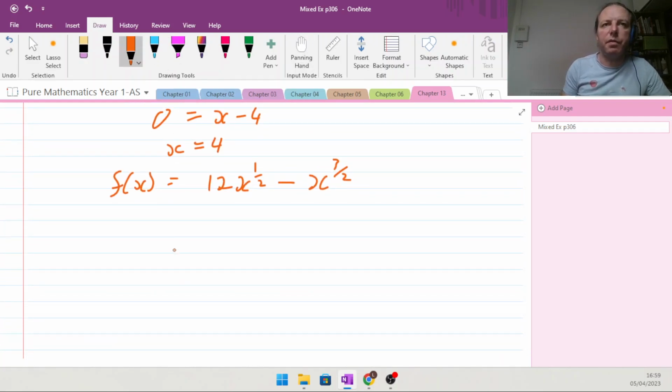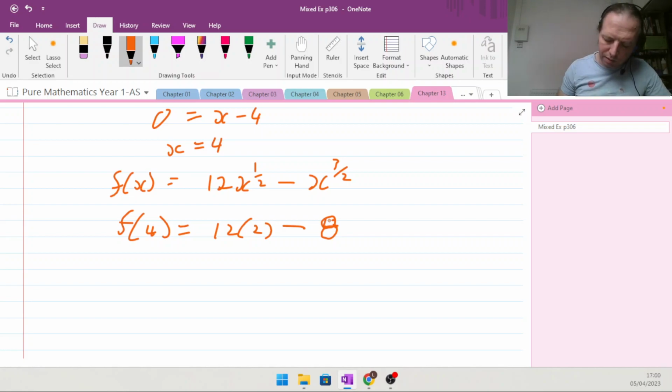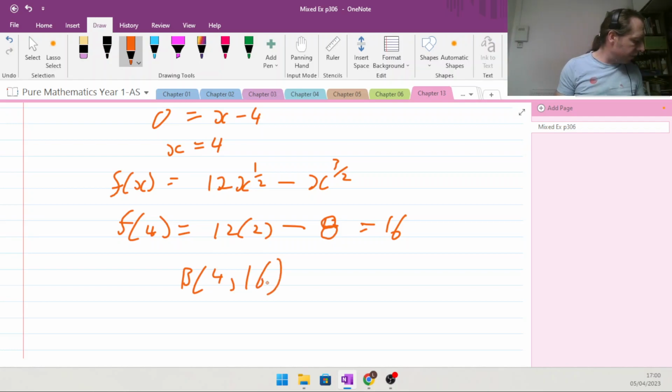We're substituting the 4 in here, so f of 4 is equal to 12 times 2 minus 4 to the power of 3 over 2, yes, it's 8, and that's 24 minus 8, which gives us 16, making point B an x of 4 and a y of 16. Okay.